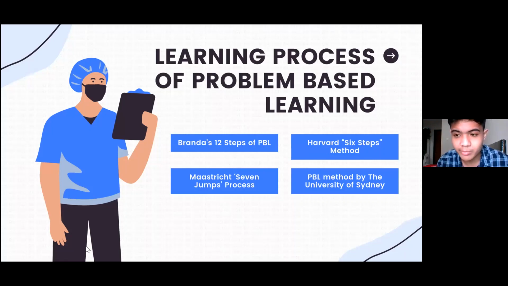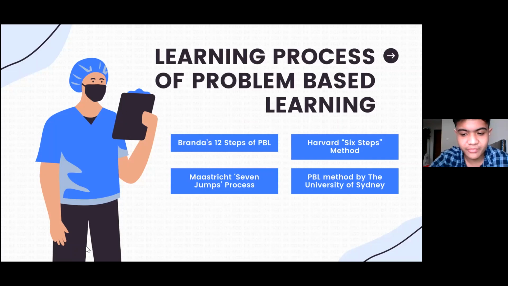One of the first practices of problem-based learning was at McMaster University, using the 12 steps of problem-based learning from Barrows. The 12 steps of PBL are: first, clarification and definition of the problem; second, analysis of the problem; third, development of hypotheses and plausible explanations; fourth, identification and characterization of knowledge needed; fifth, identification of what is already known; sixth, identification of appropriate learning resources; seventh, collection of new information or knowledge; eighth, synthesis of all the new information; ninth, repetition of all or some of the previous steps; tenth, identification of what was not learned; eleventh, summary of what was learned; and twelfth, the last step, application of the knowledge to the problems.